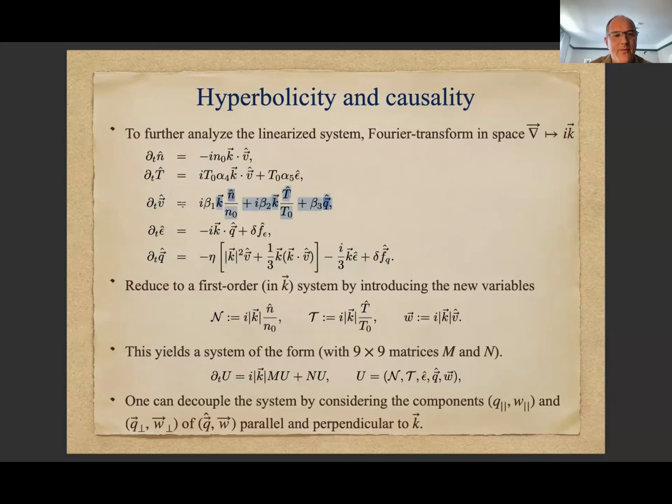So this will now become a first order equation. And then these two equations you multiply also by ik. Here there's no problem because this k will be absorbed in w. And this epsilon, there's no problem if there's an ik in front of it, okay? So what you get then is a first order system, first order in k, which will be of the following form.